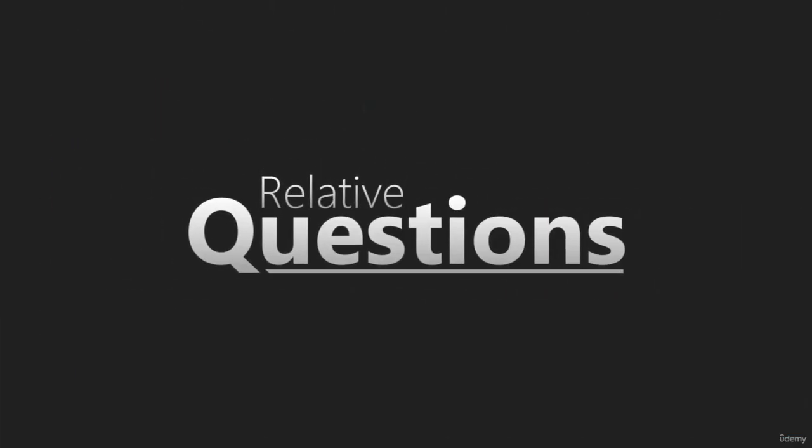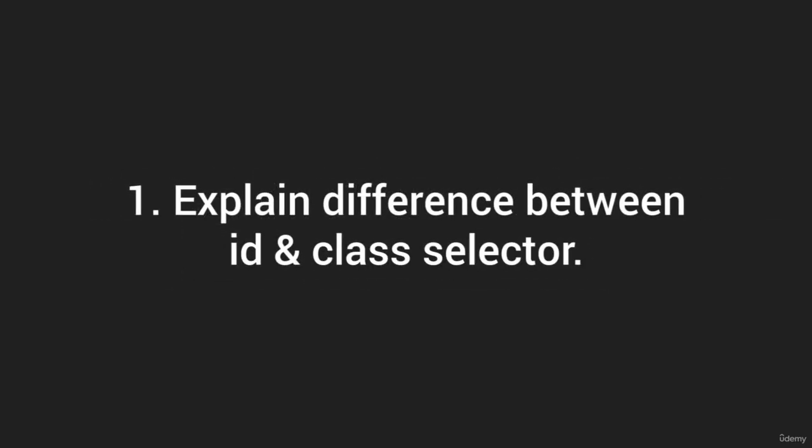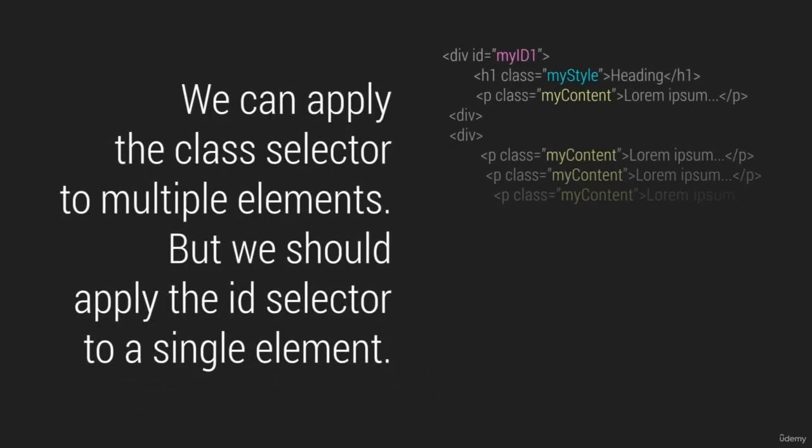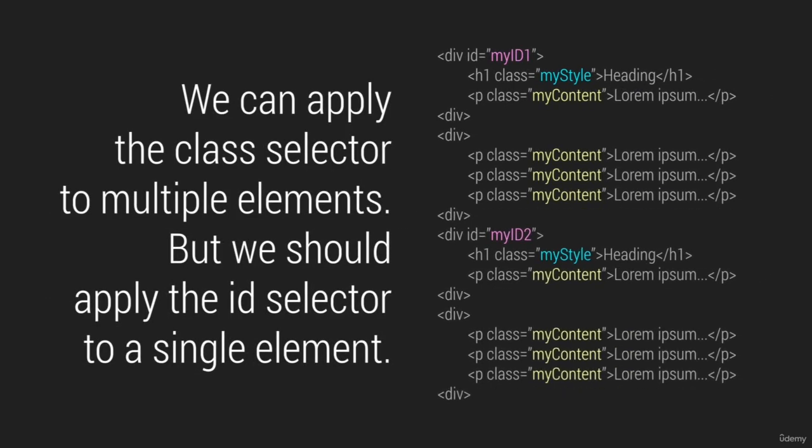The related question is, explain the difference between ID and class selector. The class selector we apply to multiple types of elements. ID selector we do apply to maybe a paragraph or a division or an h1 or any other element, but at a time we prefer to have only one ID for each page.